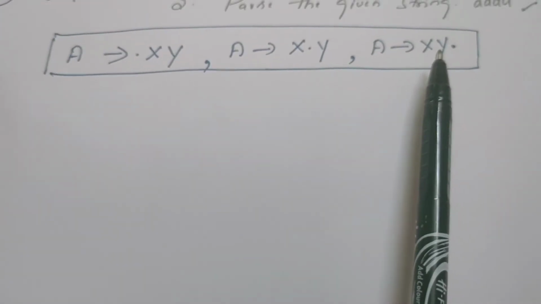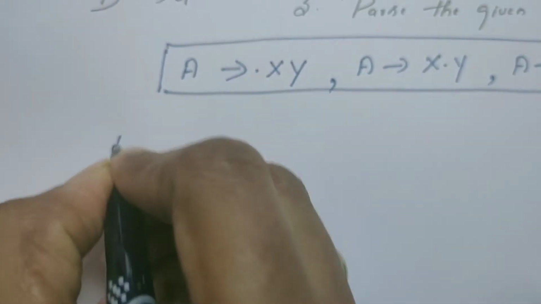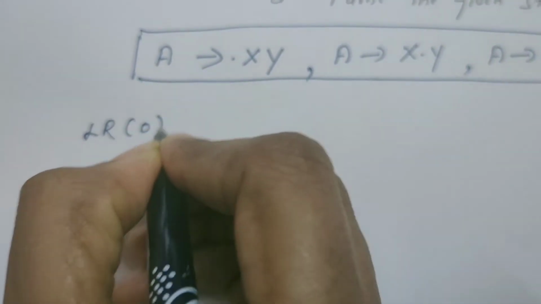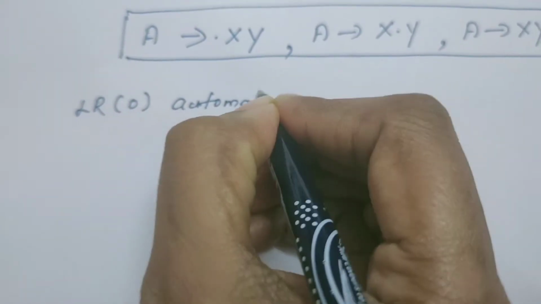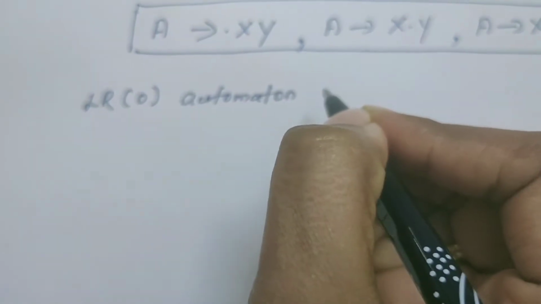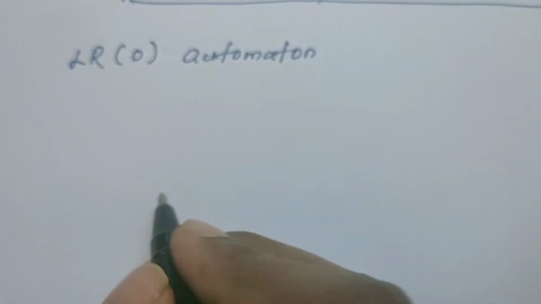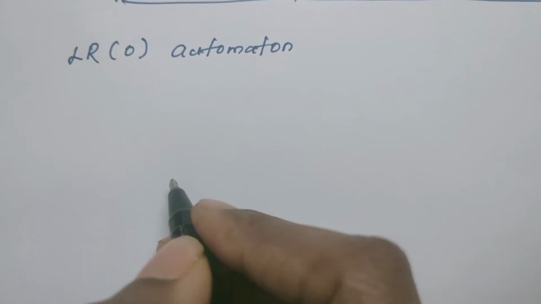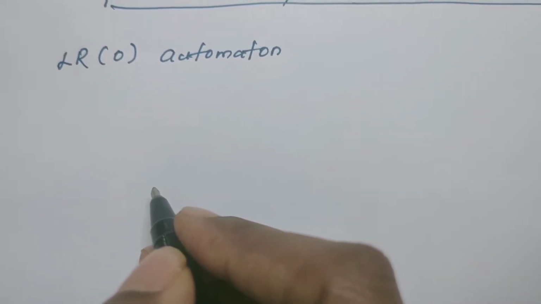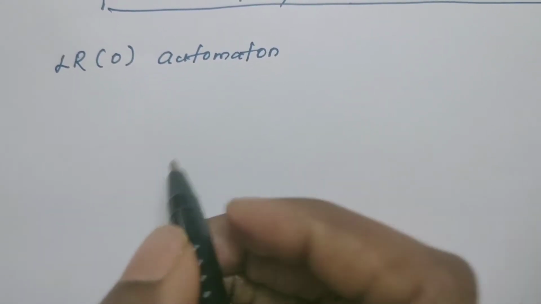And now let us begin the construction of the LR0 automaton. From the name automaton itself, we know that we are going to construct a transition diagram, right? So what is the initial state of this LR0 automaton? Initial state of the LR0 automaton is the augmented grammar.